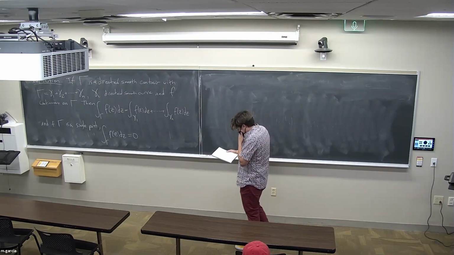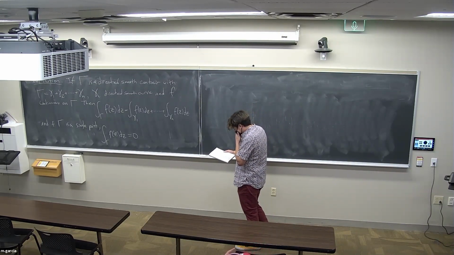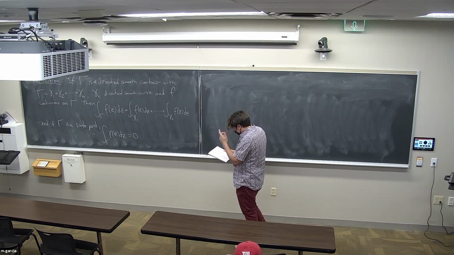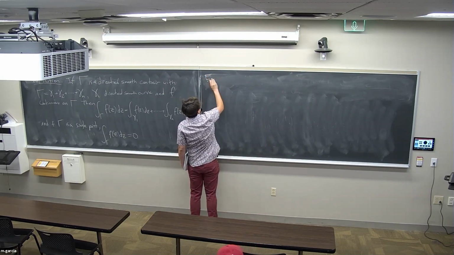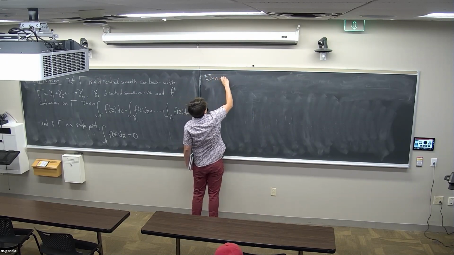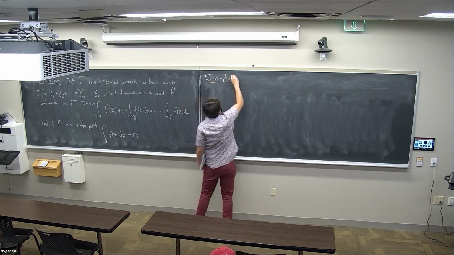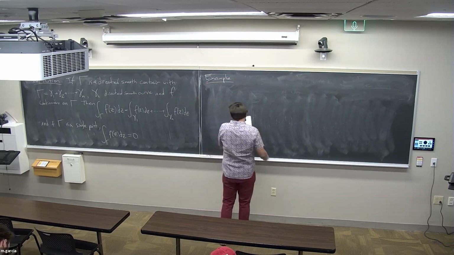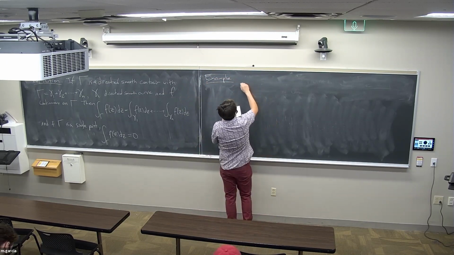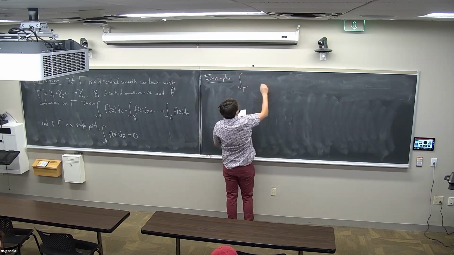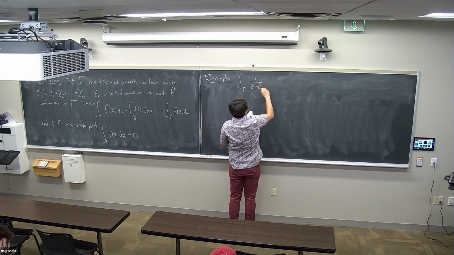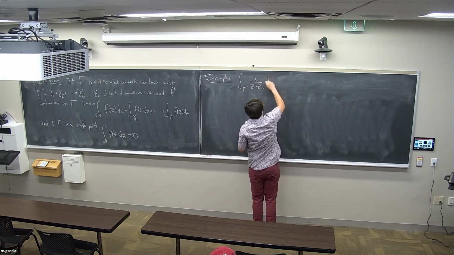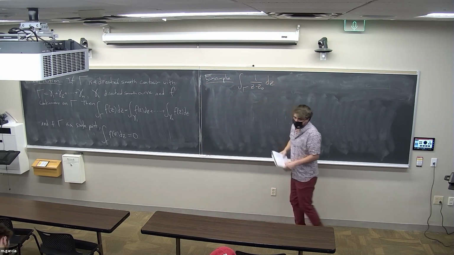Okay, so let's do another example. Let's compute this integral of a function that we worked with in our last example, but now we're going to change what gamma is.